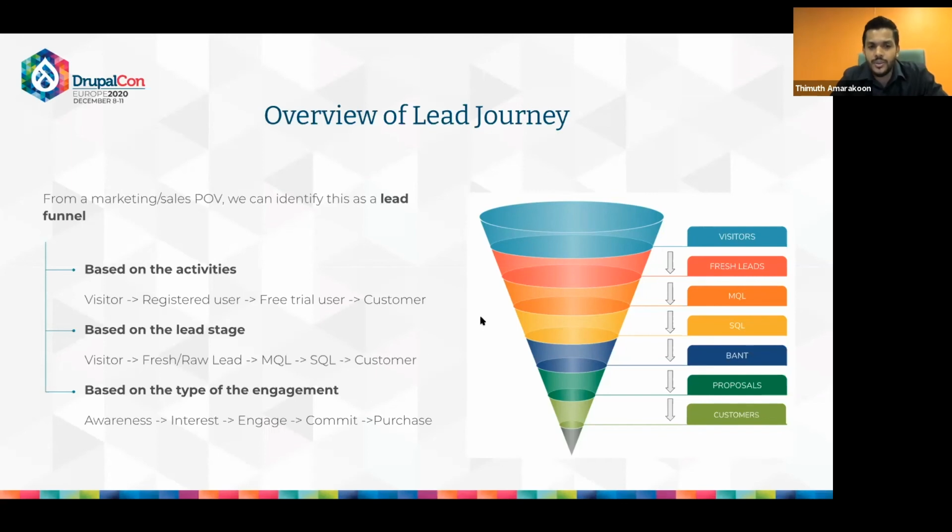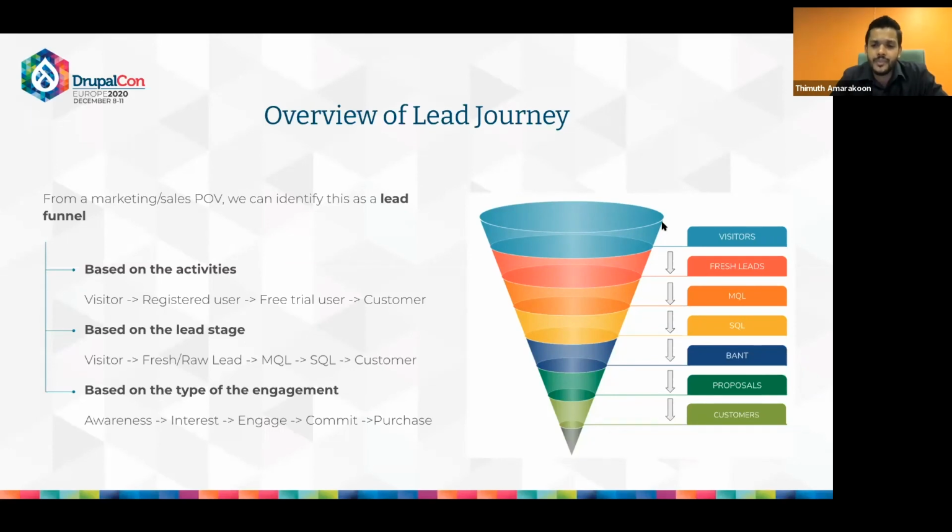So if you look at these different stages from a numerical perspective, you will get a lot of visitors, and out of these visitors, a portion of leads will become fresh leads, like giving their email address and engaging with your content. And out of that fresh lead, a subset will become marketing qualified leads and SQLs and so on.